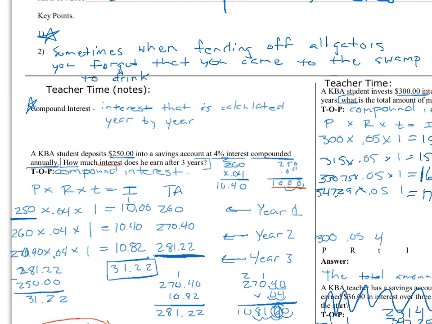And that should just be a reminder to you, that story that I said, yes, you do all this work, but when you get to the end, you need to remember that you came there for a reason. You need to answer the actual question rather than just randomly picking a number that you see somewhere on the page and boxing it in.